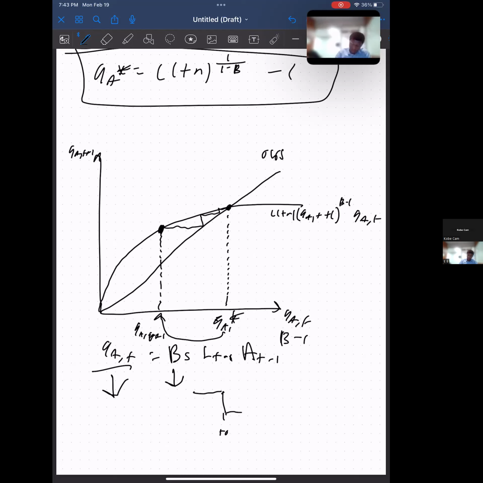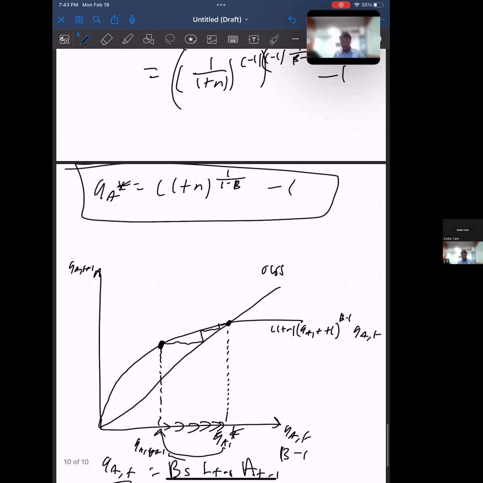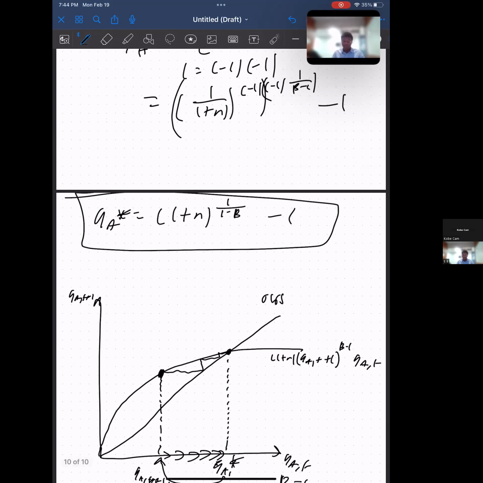Initially, we get hit with the bump and go all the way down here. Then we go all the way right back to our original growth rate, our original steady state. So it seems that in the long run it doesn't have an effect, but in the short run it does: it falls. We already knew this just by looking at the steady state for the growth rate of technology, which is (1 plus n) raised to the 1 minus beta, minus 1.